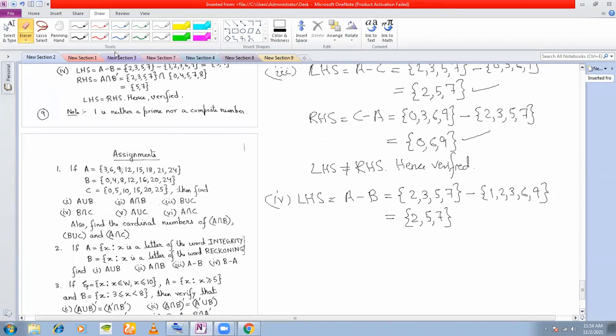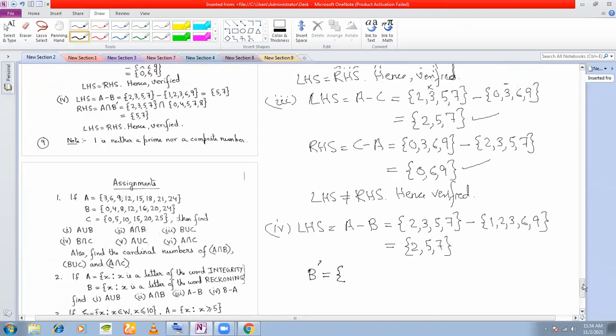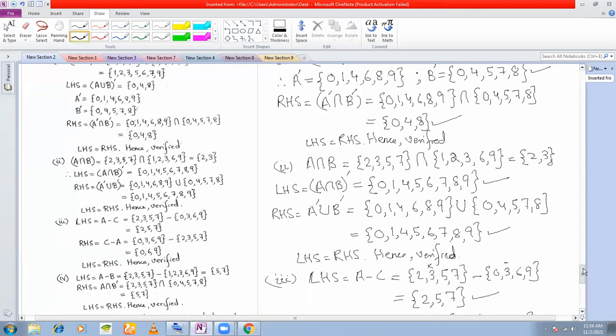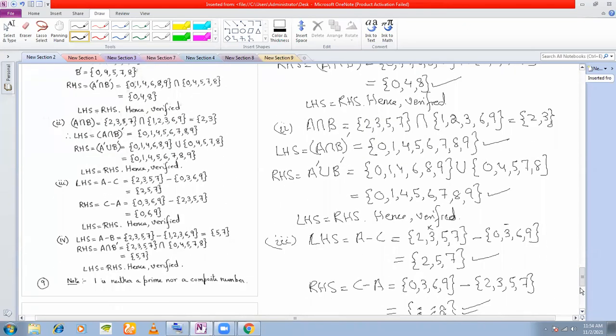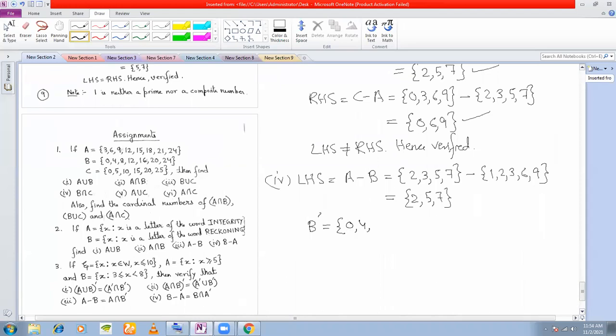Next, we want to find out A intersection B complement. So what was B complement above? B complement, we had found this out as 0, 4, 5, 7, 8, right? So therefore, what is the right hand side?